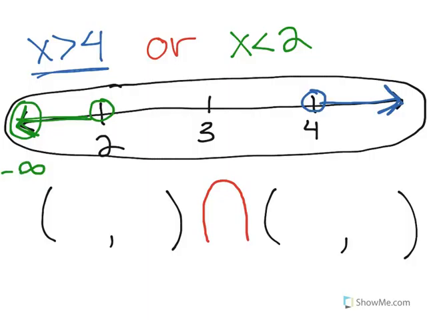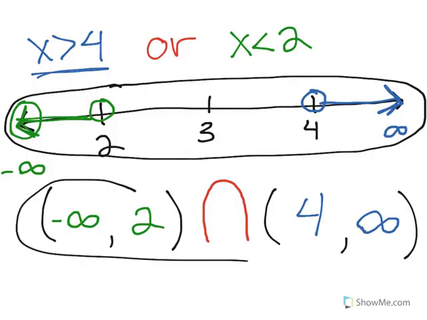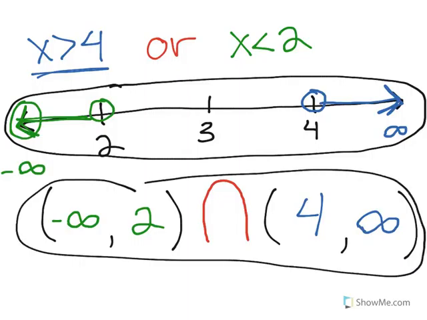So in this interval, x can be between negative infinity and 2. And then on this side, x can be between 4 and positive infinity. So this down here is the answer represented in interval notation.